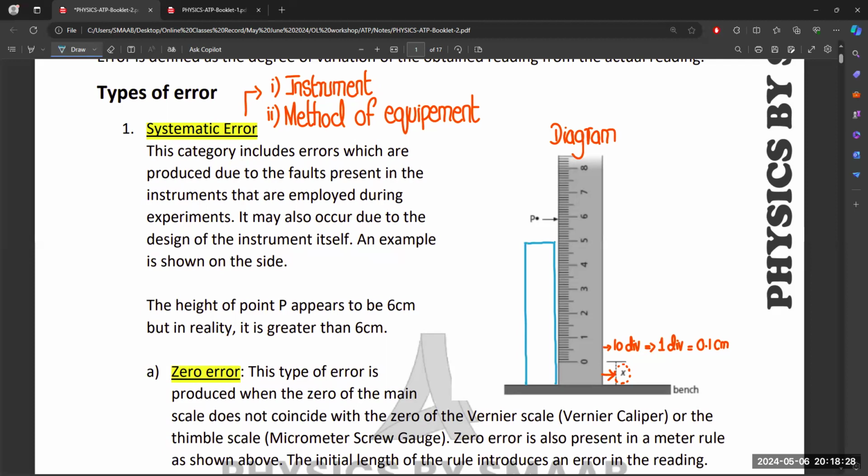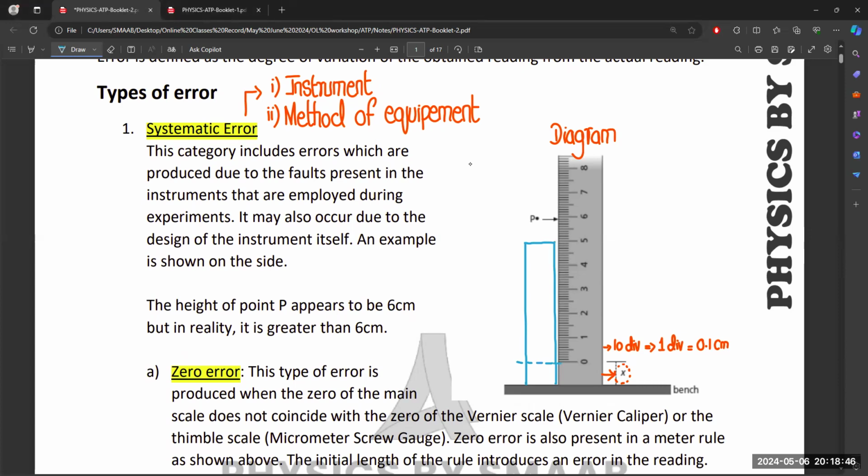This is a rectangular box and they ask you to measure the length of it. So what is the problem in this? We are not starting our reading from zero, right? Because the zero scale starts from this position.